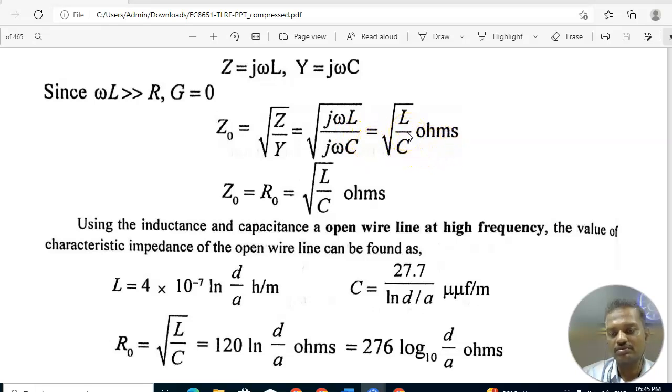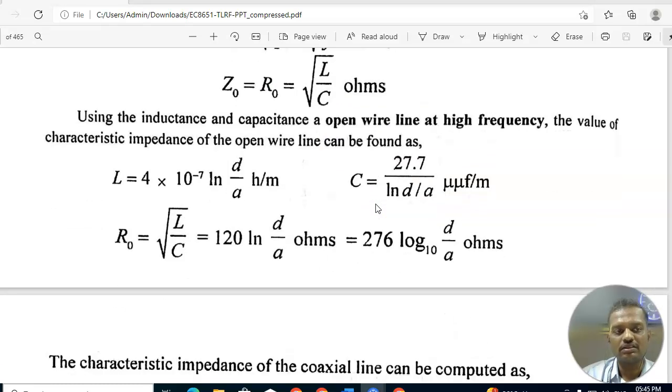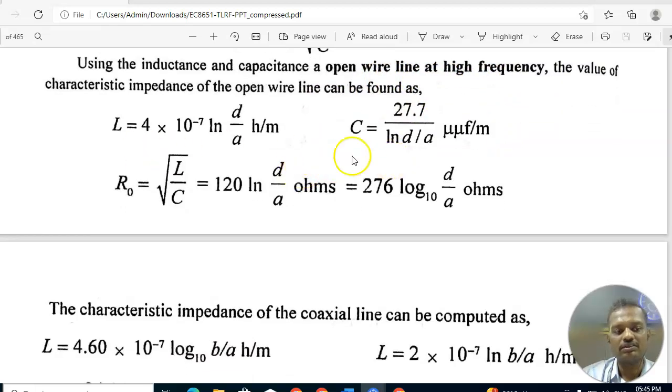L by C has to be maintained to produce a distortionless transmission line condition. So Z0 equals R0, which is root of L by C, for the inductance and capacitance of the open wire.